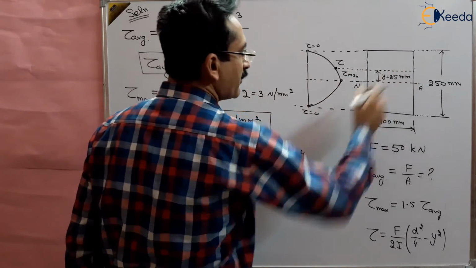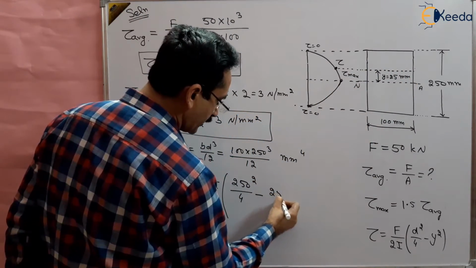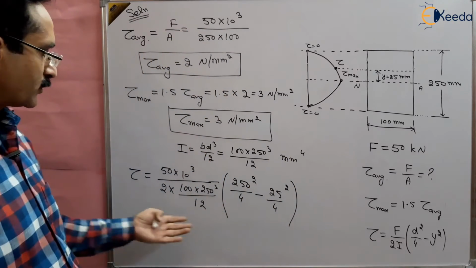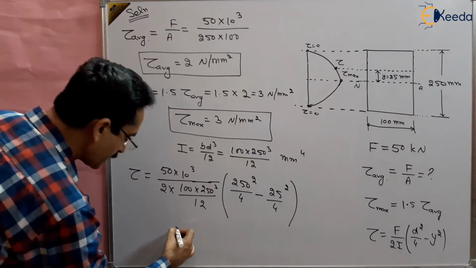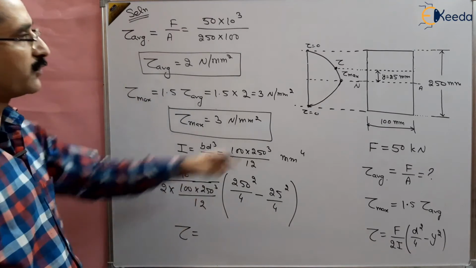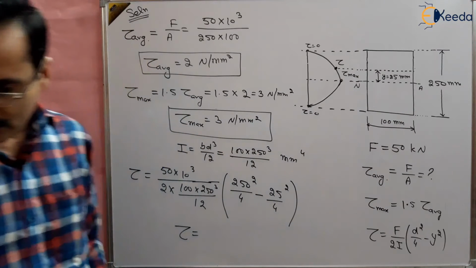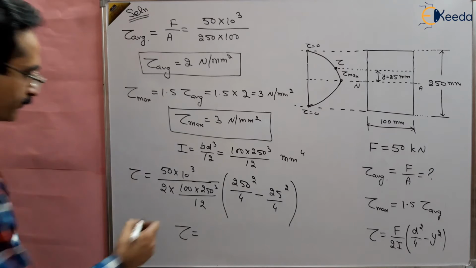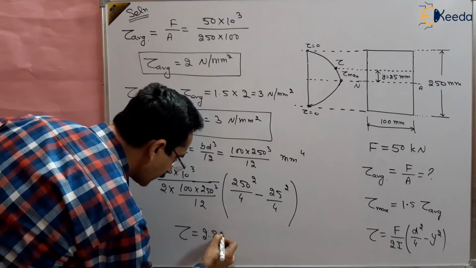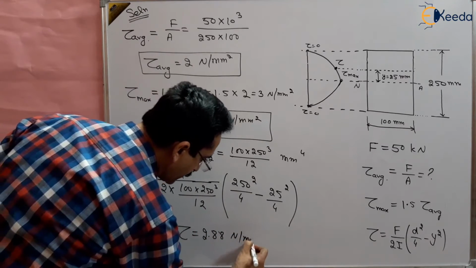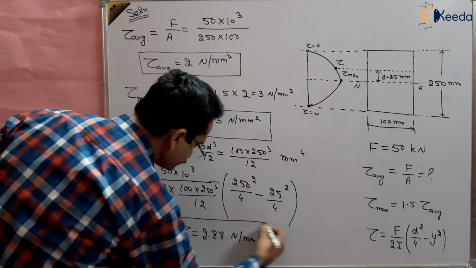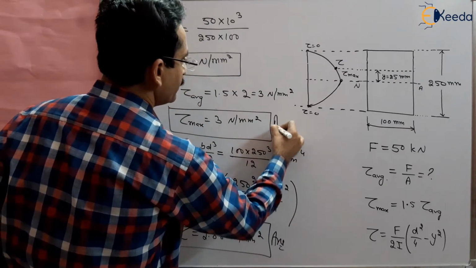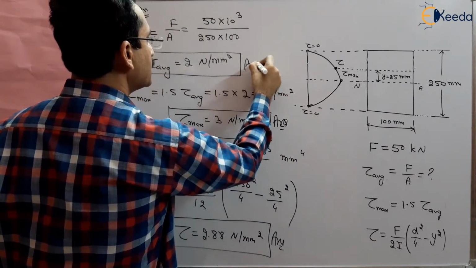Y is given 25 mm. We have to find out at 25 mm. So 25 square by 4. So this is mathematical calculation. Use this and you will get the shear stress at a distance of 25 mm from the neutral axis. So it will come out to be 2.88 Newton per millimeter square. So this is another answer.